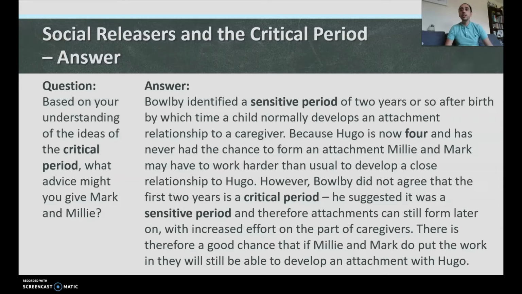However, Bowlby did not agree that the first 2 years is a critical period. He suggested it was a sensitive period and therefore attachment can still form later on. With increased effort on the part of caregivers, there is therefore a good chance that if Millie and Mark do put the work in, they will still be able to develop an attachment with Hugo.